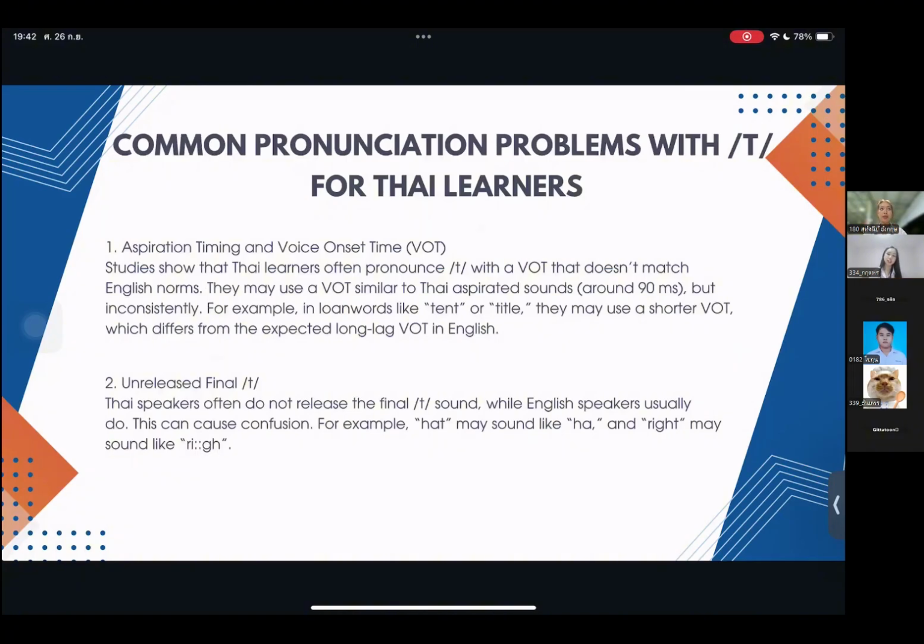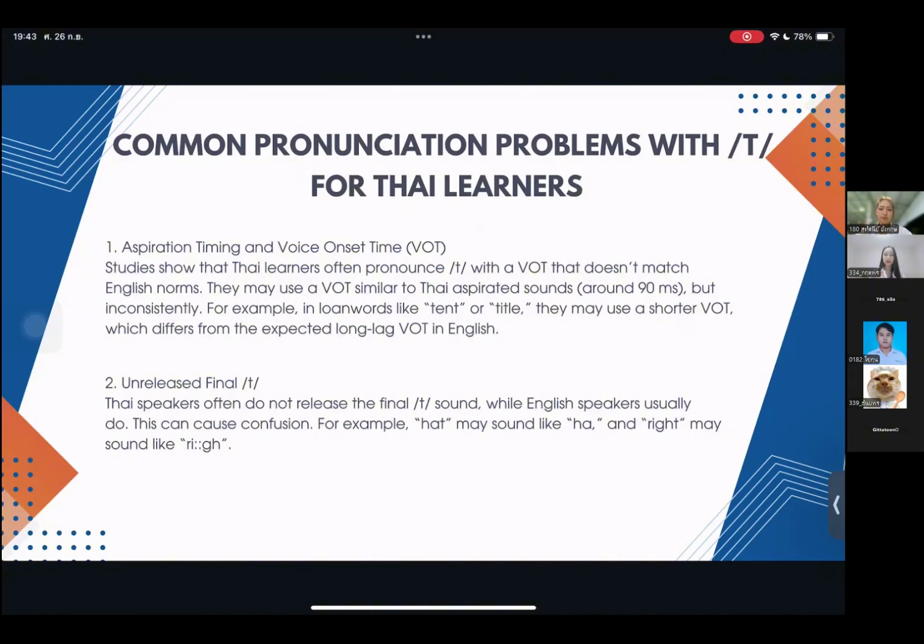This creates pronunciation problems with the T sound for Thai learners. First, aspiration timing: many learners use Thai voice onset time, which makes the T sound less native-like. Second, learners often leave the final T unreleased, so "hat" might sound like "ha."